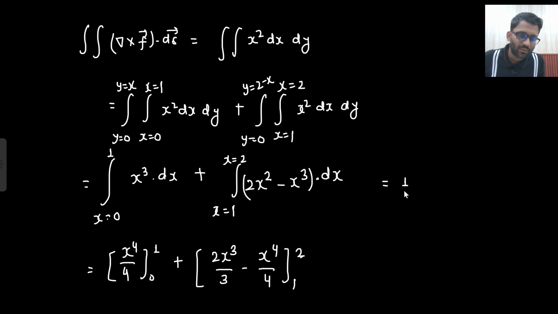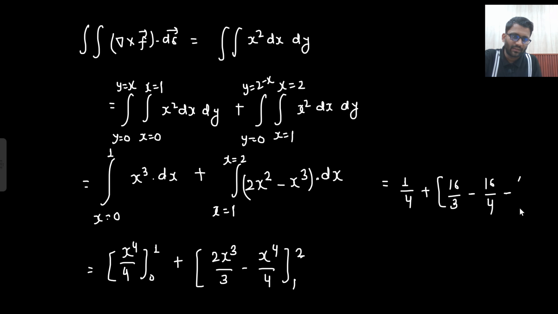So let's do the calculation now. So 1 by 4 minus 0. Now what about this? This will be 16 by 3. 2 here I will put, so 2 to the power 4, 16 by 3 minus 16 by 4, minus 2 by 3 plus 1 by 4.